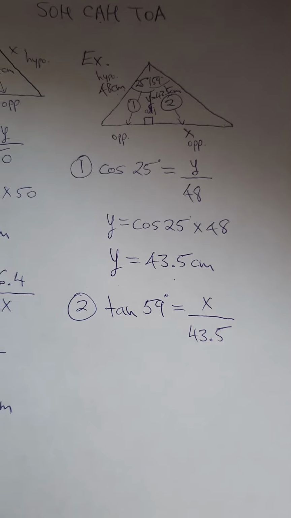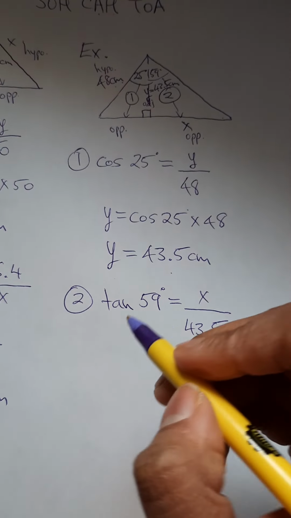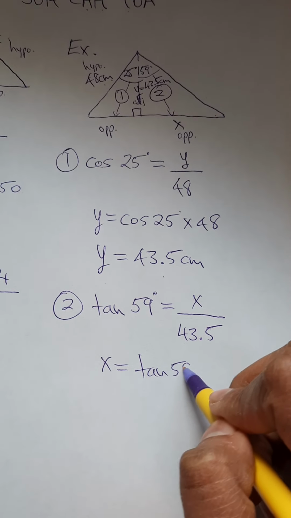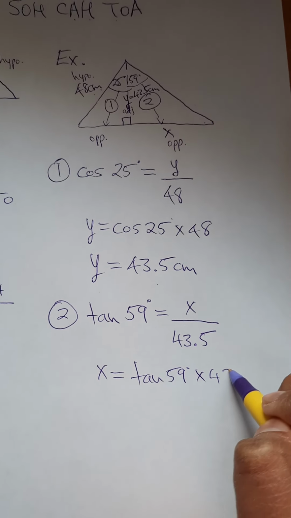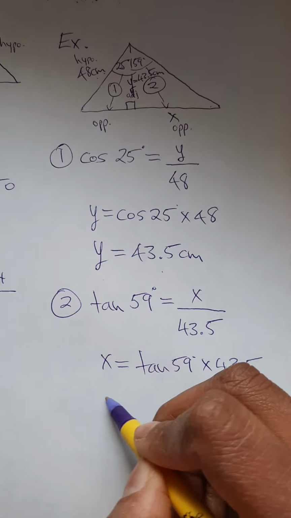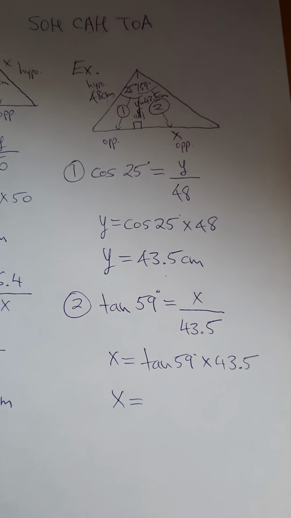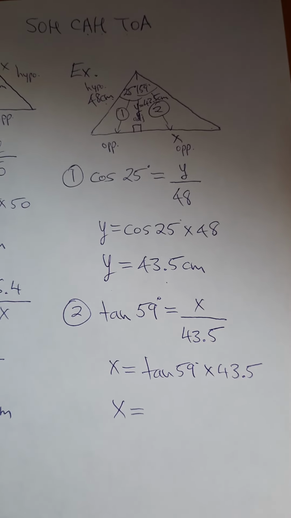Because the value of x here is on top, we are just going to cross multiply. So tan 59 degrees times 43.5. Does everyone see that? When you have two triangles, I have to make sure I'm doing two steps.